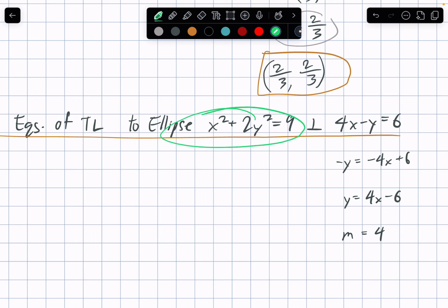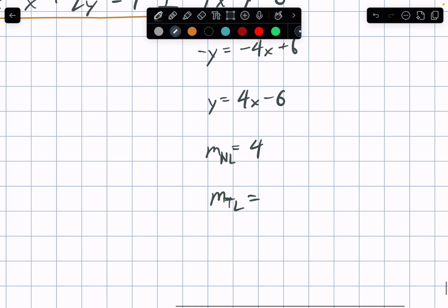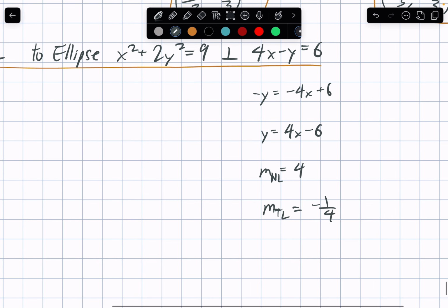So let's say the ellipse, just imagine that it is directly related to the tangent line. So whatever is perpendicular to it is going to be off the normal line. Therefore, this one, our 4 value, is the slope of the normal line. From there, you can derive what our tangent line's slope is. That is going to be negative 1 over 4.